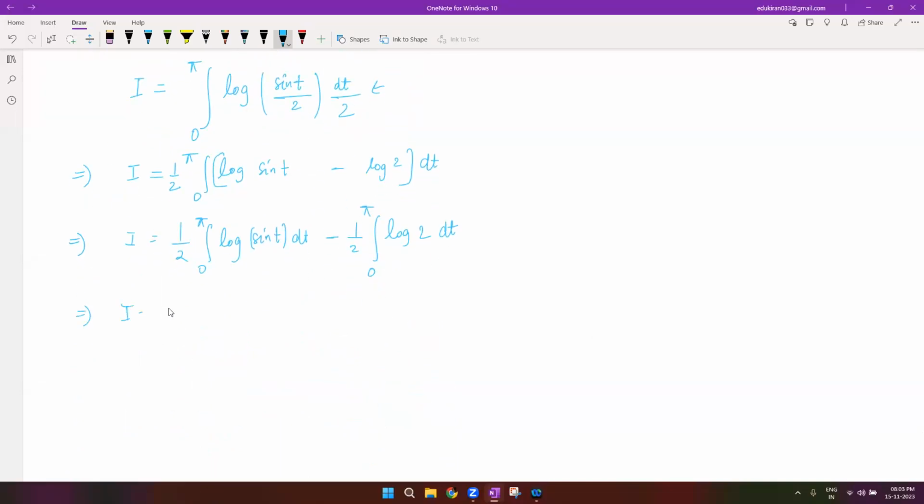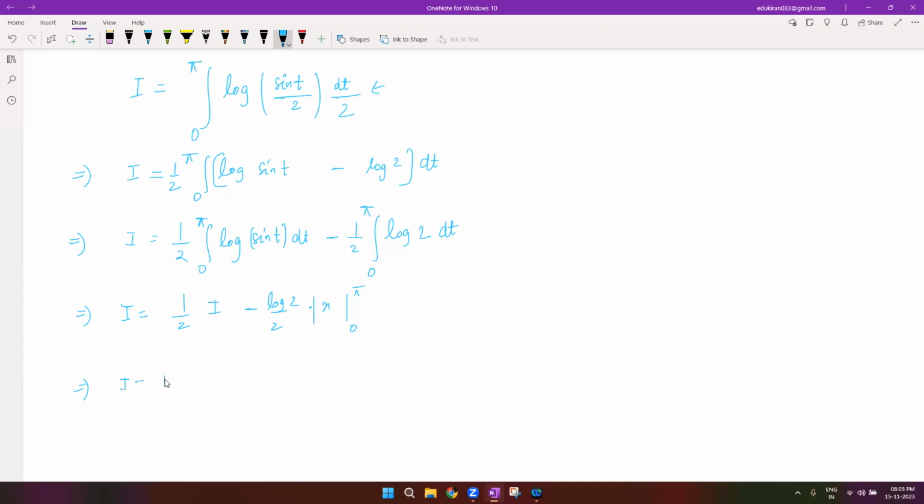This can be written as I is equal to 1 by 2. This part is the same that we have been calculating, and this can be done very easily because log 2 is constant. Integration of 1 becomes x from the limit 0 to pi, right? And so you can take this I by 2 to the left hand side.